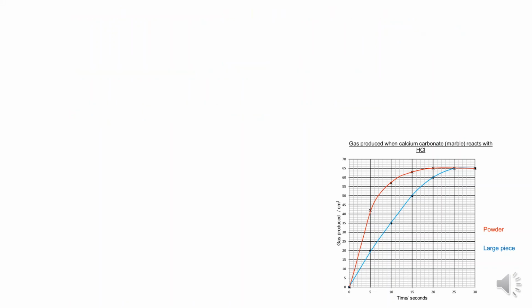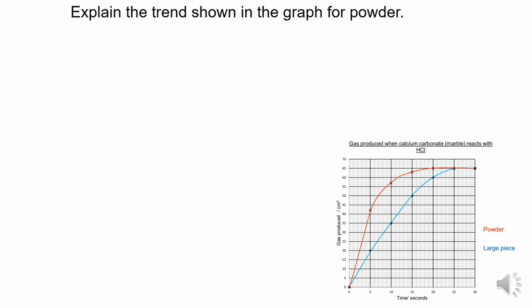Second question that we might look at here, explain the trend shown in the graph for powder. So have a think, how is that a different question than the previous one? Describe the trend shown in the graph for powder. Well, a question asking you to explain is asking you to give reasons why. So we're having to say because.